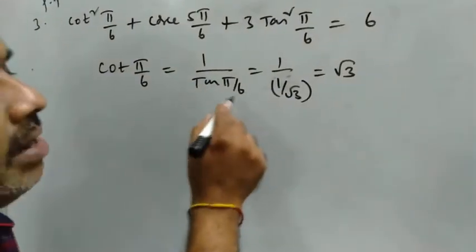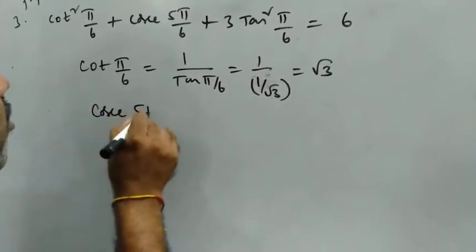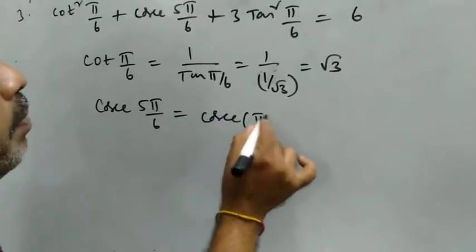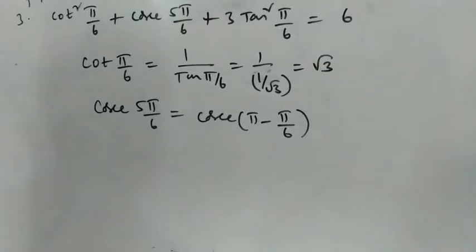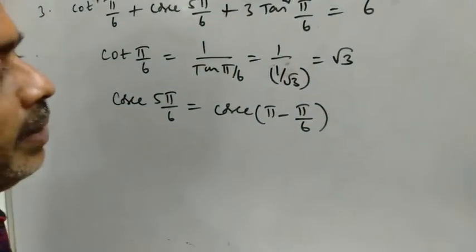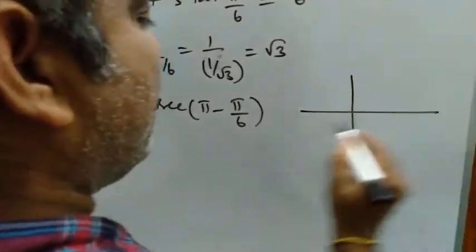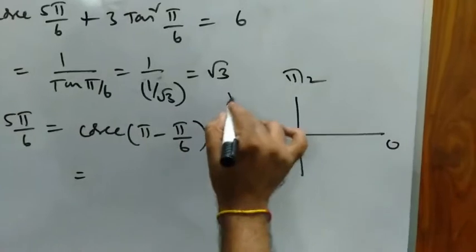You can write directly also. Just I am writing the tan value and then I am writing next cosecant 5 pi by 6. So 5 pi by 6 can be written as pi minus pi by 6. So 180 minus theta will come in the second quadrant. This is pi, 0, pi by 2. So this is the second quadrant.